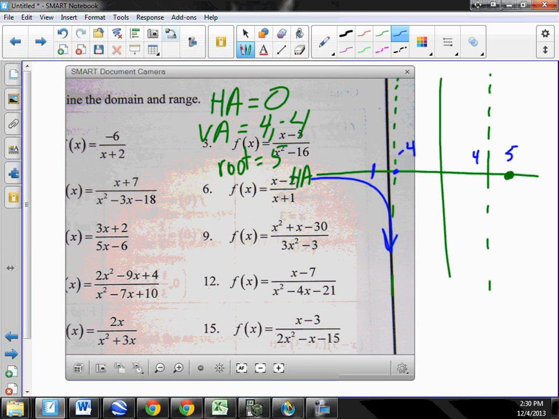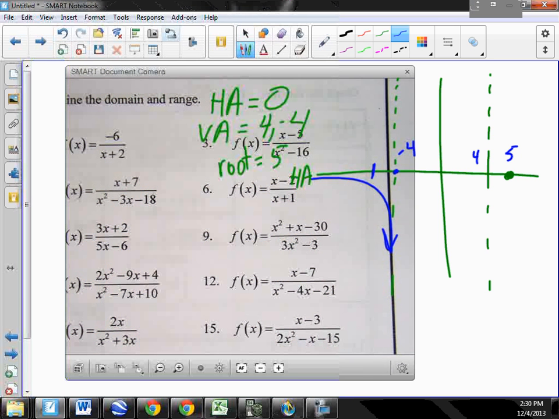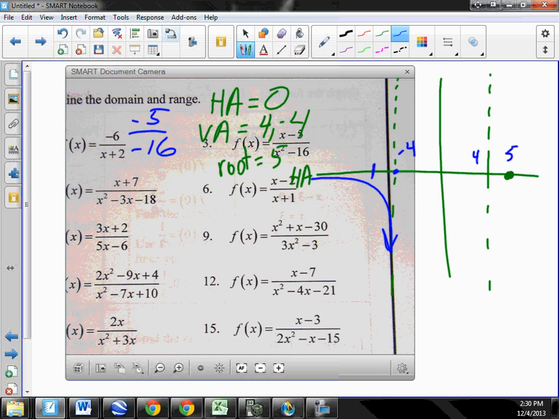So for the next part, if you plug in 0, what do you get? -5 and -16 is negative. Oh, sorry, positive. So it's positive. So that says everything between -4 and 4 is positive, which is above the horizontal asymptote.